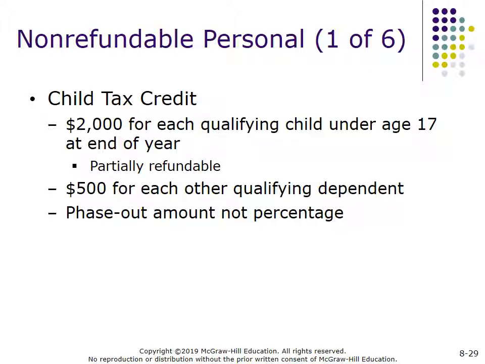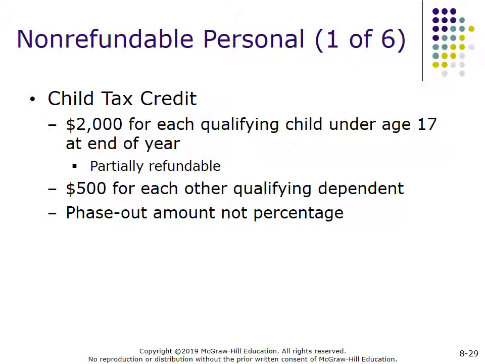I still will get a $500 credit for my son, tax credit, under this area for each qualifying dependent. So a child who's a qualifying child but 17 or older, or a qualifying dependent, okay, you will get $500 per qualifying dependent of a tax credit. Not as much as $2,000 of a tax credit, but better than nothing.